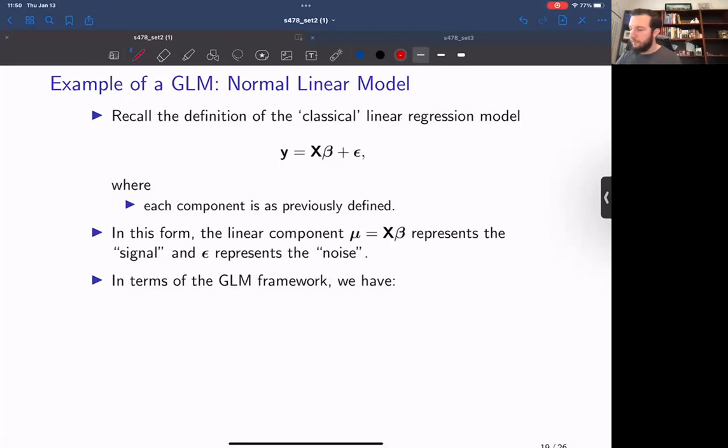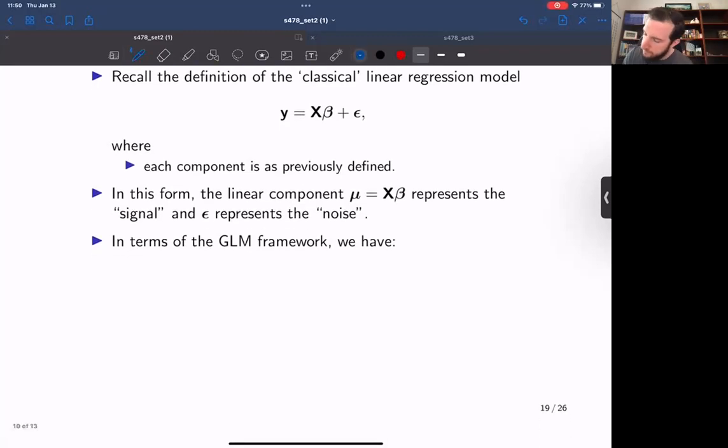In terms of the GLM framework, we would have the following. We have 3 components to specify. The first component is that the y_i are normally distributed with mean mu i and variance sigma squared.